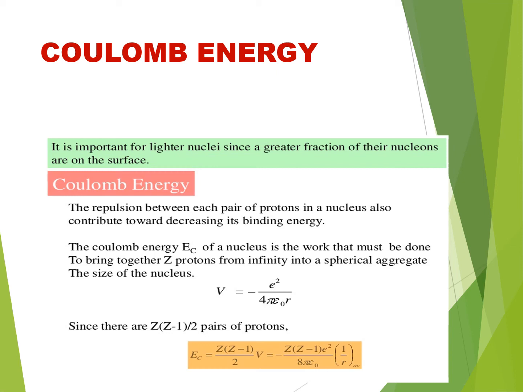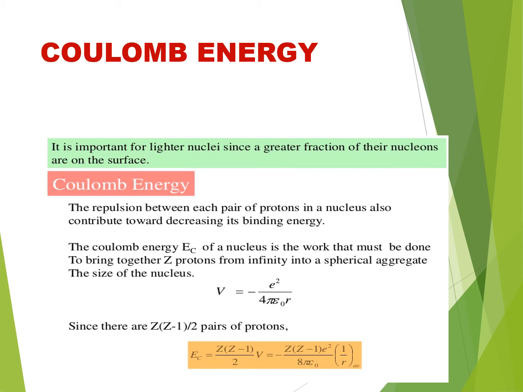The next one is Coulomb energy. The repulsion between each pair of protons in the nucleus also contributes towards decreasing its binding energy. The Coulomb energy of a nucleus is the work that must be done to bring the protons from infinity into a spherical aggregate.